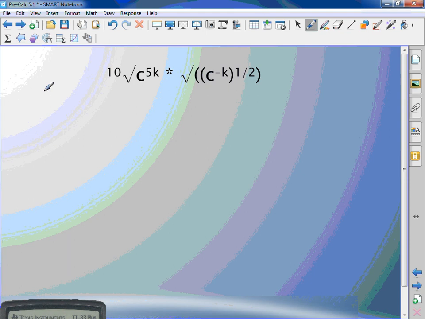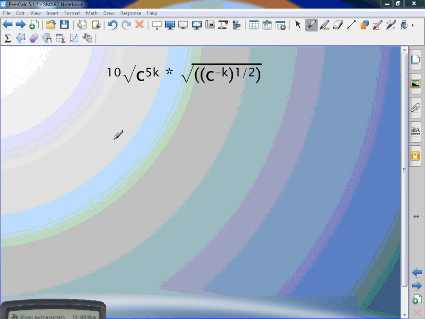I have the 10th root of c to the 5k times the square root of c to the negative k to the 1/2 power. That's all under the square root. If I put that bar there, what does a 10th root mean?